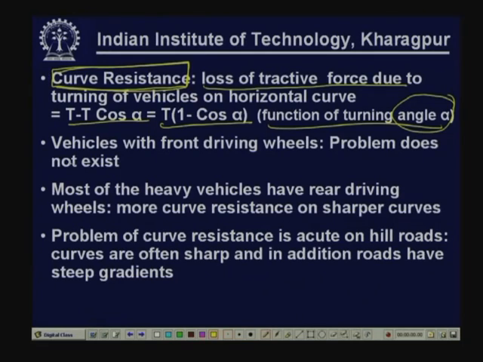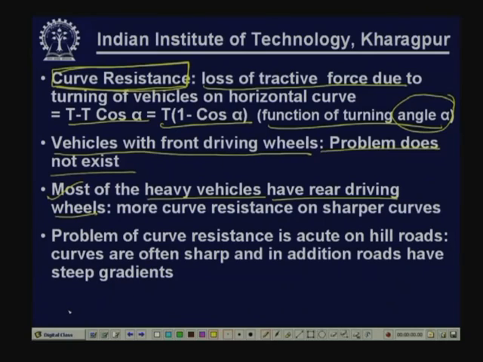Now, obviously, for vehicles with front driving wheels, this problem does not exist, and it will be severe for heavy vehicles, because most of the heavy vehicles have rear driving wheels. Therefore, there is more curve resistance on sharper curves, because it depends on alpha, and alpha is more for sharper curves.